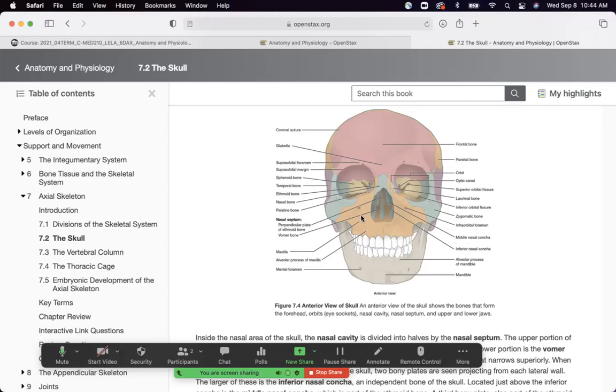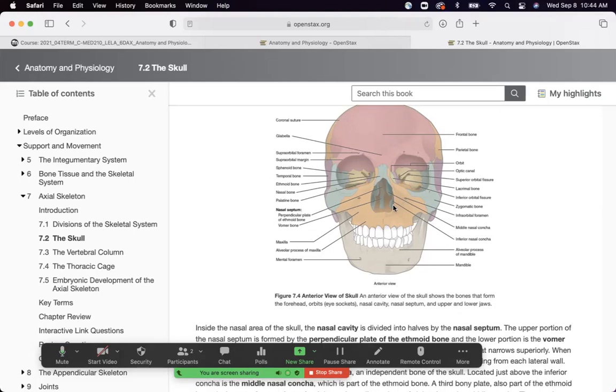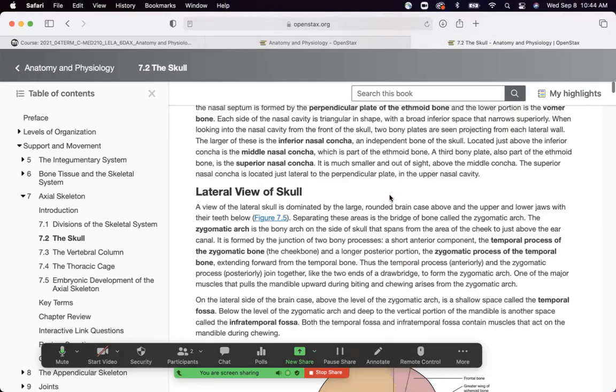This orange or tangerine color, that's your maxilla. And your jaw, mandible. Okay? And of course, your eye sockets are called your orbits or orbital. Orbital fossa, sometimes they call it. Okay? So that's the worst I'll do to you regarding the anterior skull.